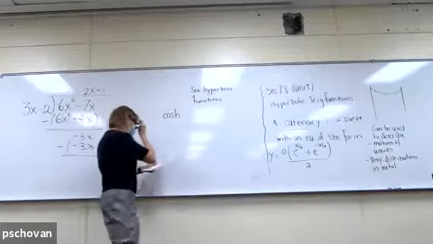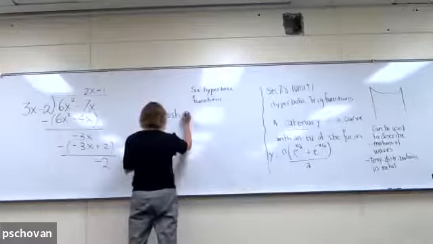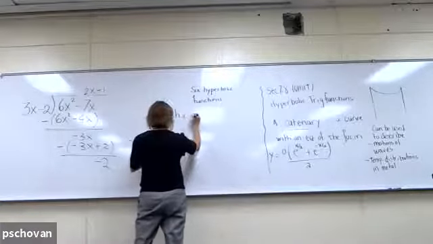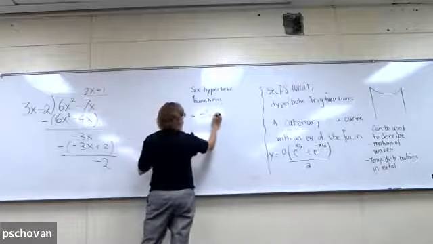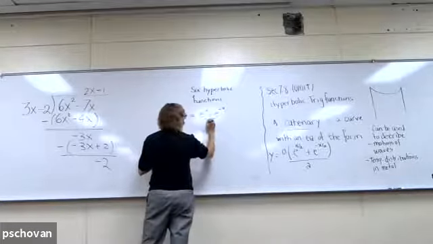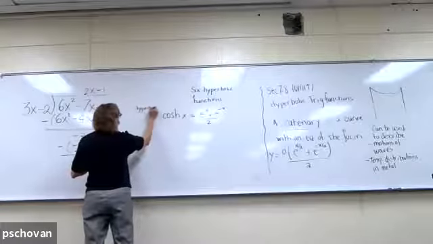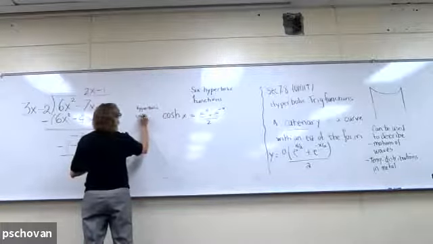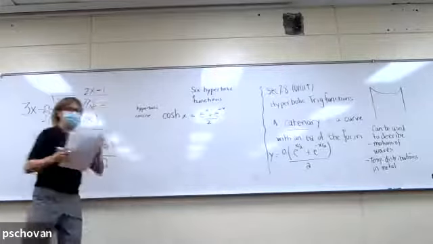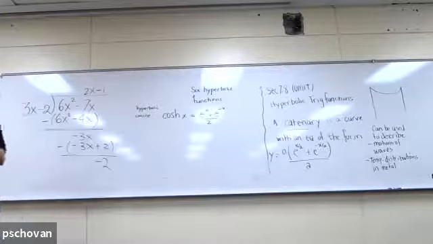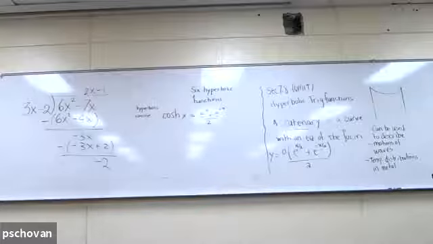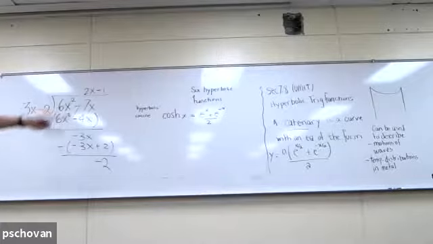And it looks just like that, where a is equal to 1. The hyperbolic cosine of x is equal to e to the x plus e to the negative x over 2. So if you're ever in class and your professor says cosh, they're not mispronouncing cosine. They're talking about the hyperbolic cosine.